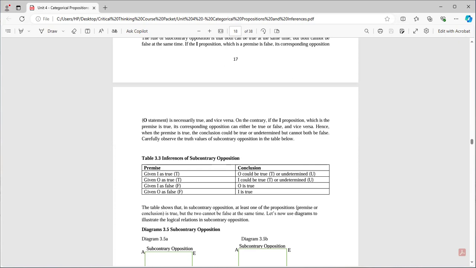It could be that when you extend the evaluation to the rest, some are good, some are not good. So you get some workers are good, some workers are not good. So when one is true, the other can be true, and it can also be undetermined.